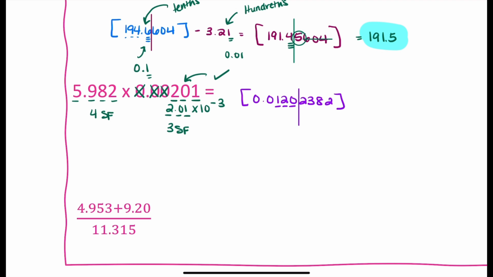I'm going to draw the line right there. The first number to be removed is a 2, which is lower than 5. So I'm going to round down and I'm going to write 0.0120. Trailing zeros are significant if they come after a digit after a decimal place. This 0 is significant.